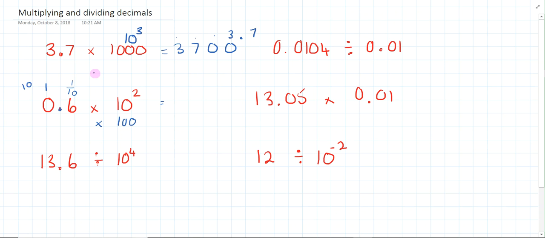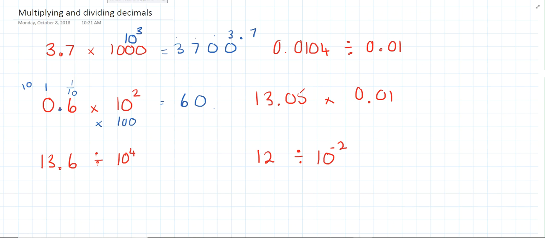So the 6 goes from the tenths to the tens, and the answer becomes 60. If you put a 0 in front of it, it's not incorrect. We just don't need it, do we? That's all. So we can get rid of it. All right.